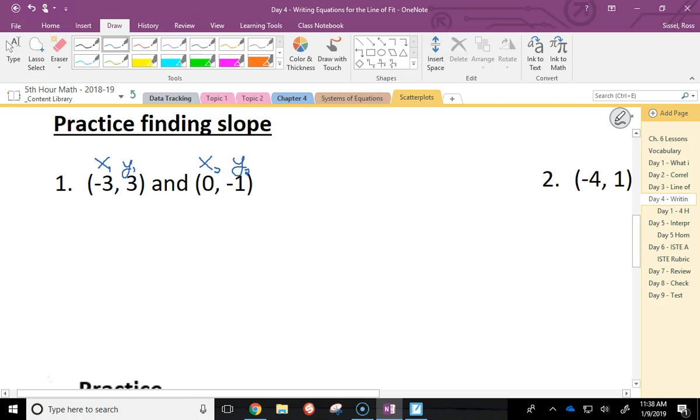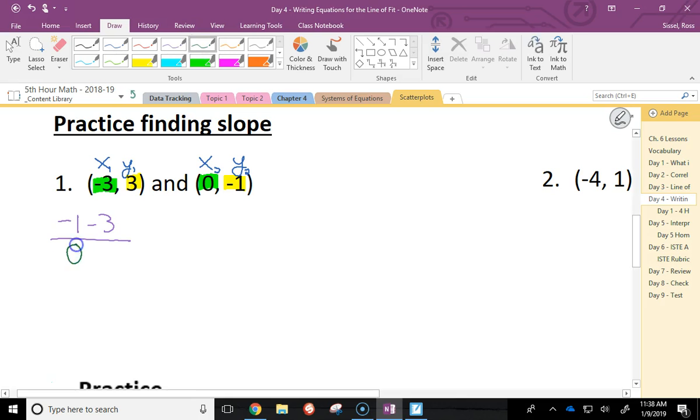Okay, I'm going to look at my y2 and y1, and we're going to subtract them. So I would do -1 minus 3. That is how we first find the first part of slope. It's rise over run, so you do the difference of your y, your rise. Then I'm going to do my x's, x2 minus x1.